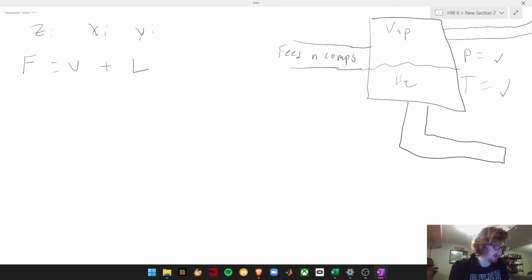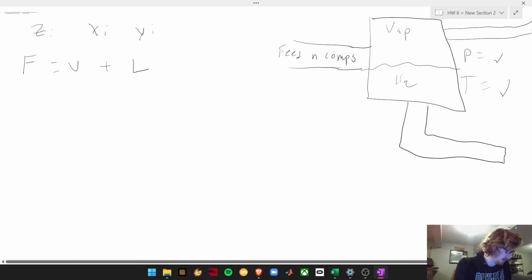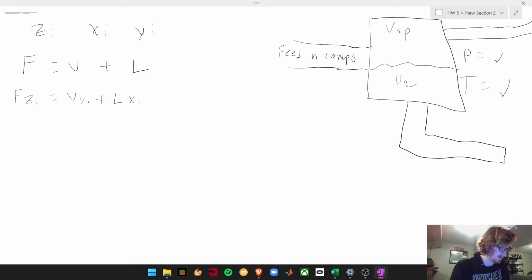To find the specific moles of each component in the vapor and the liquid phase, and the total moles of that component in the feed, we can rewrite this as F Zi equals V Yi plus L Xi. And again, we're basically saying the mole fraction of Zi within the total feed is going to be equal to the sum of the liquid and the vapor phases of that component.